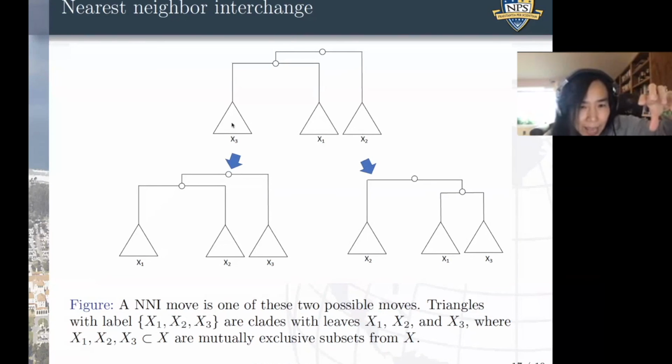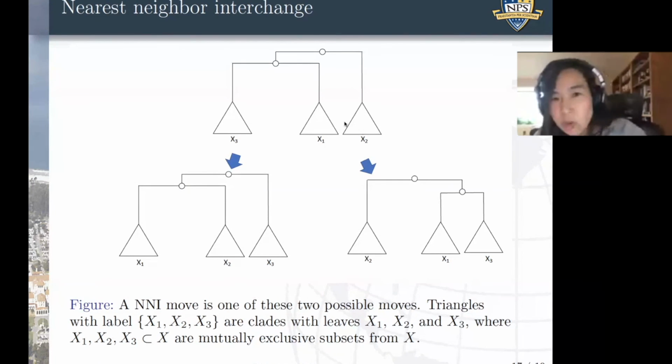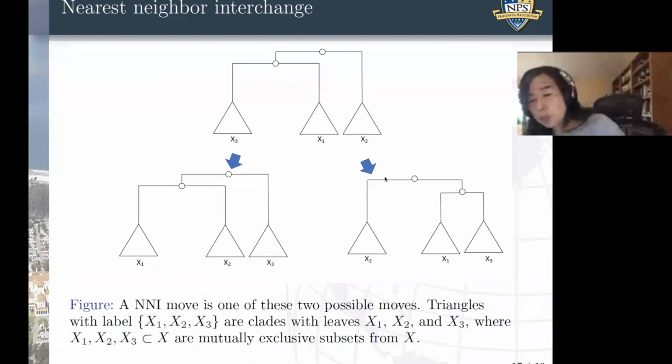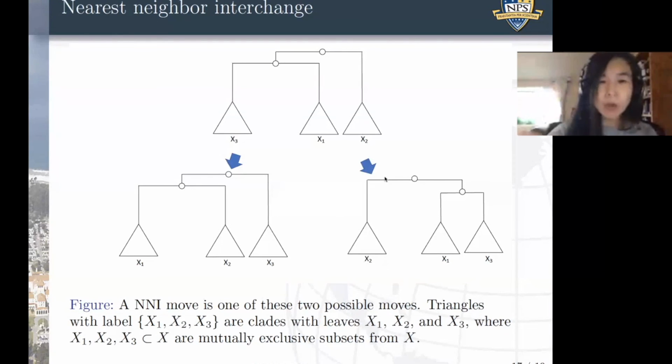Here the X3 part is the loner, but here now the X1 part is the loner, or we can make the X2 part the loner. So this changes the tree topology, going from this tree topology to this one or this one, left or right. That's what we call one nearest neighbor interchange move.